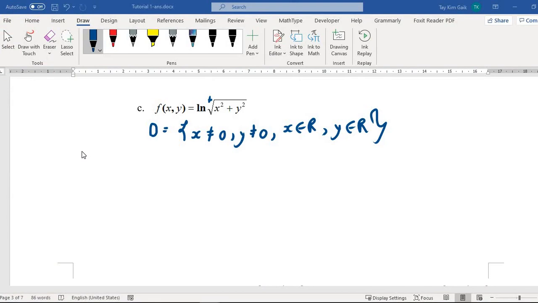Okay, range. So z is actually ln of the square root of x squared plus y squared. Okay, this value is always either positive or possibly, I cannot say 0. Then this one is a positive value only, cannot be equal to 0.